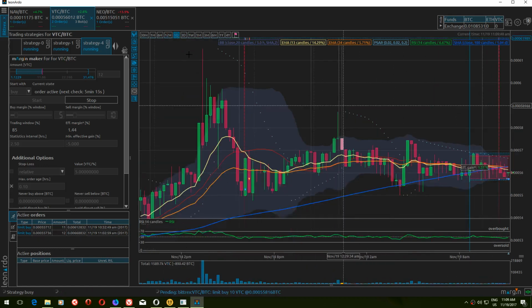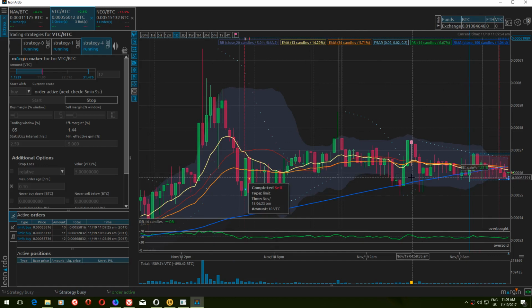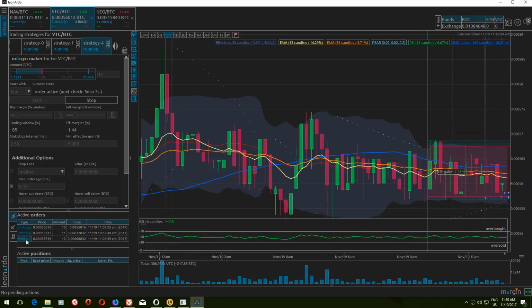Looking at the past day, as you can see, it's going sideways. It had quite a jump there, but then it seems to have stabilized. It has good volume, so it's moving, and it's showing my 3 buys right now, and should be getting close to a sell hopefully.